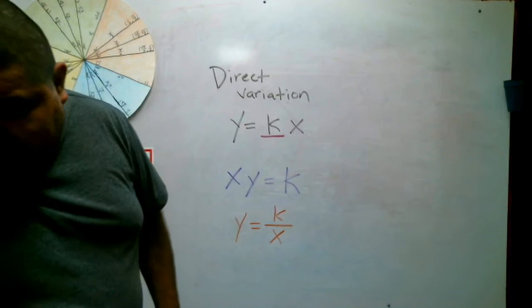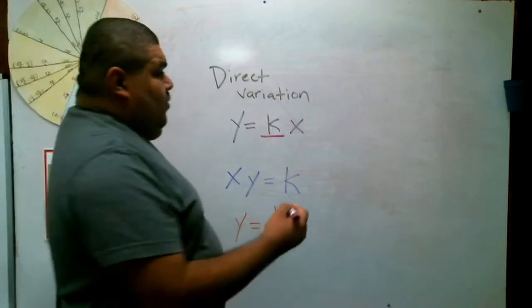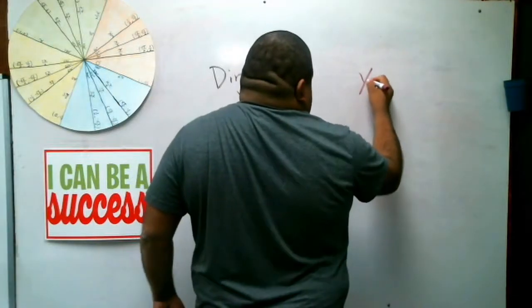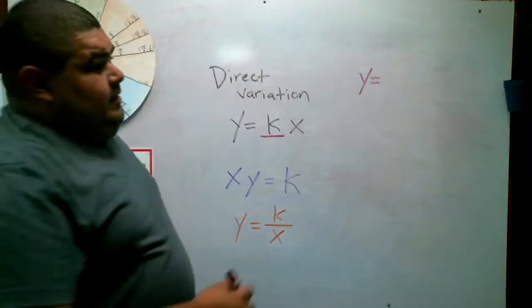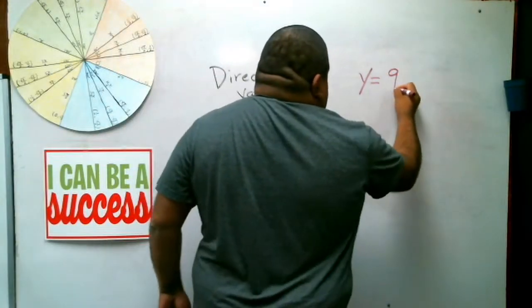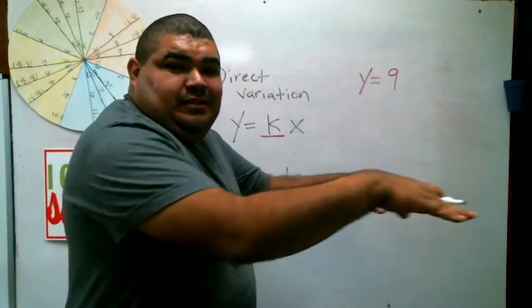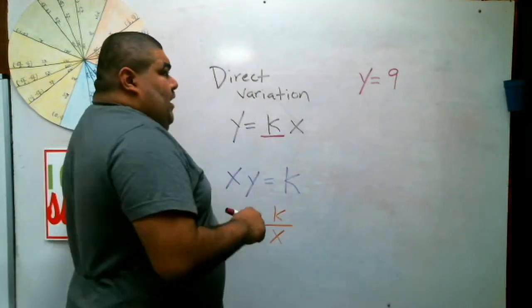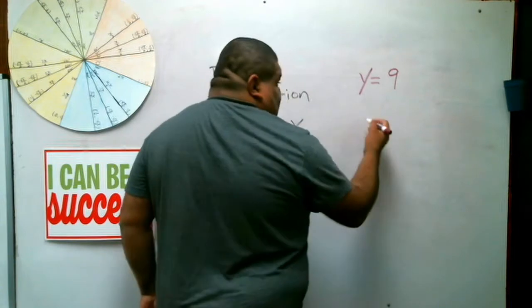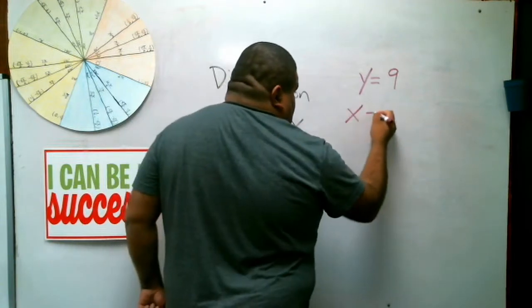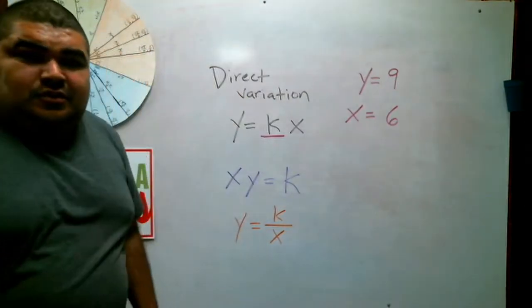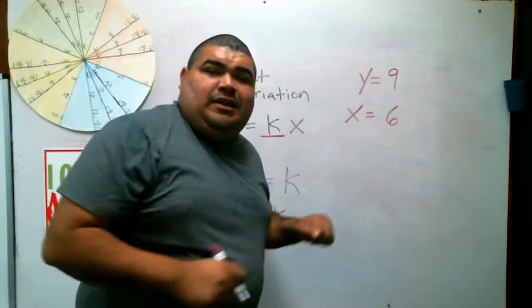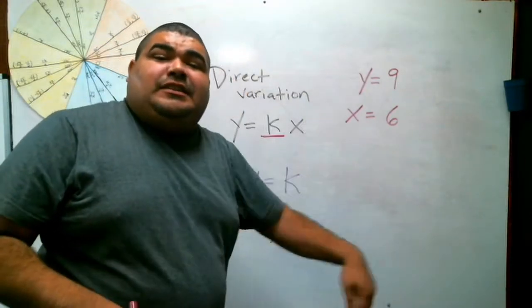if we have a variation where y equals 9, so we throw it into this machine, y equals 9, it converts it to x equals 6. So we put it into a machine, we had y equals 9, it came out as x equals 6.